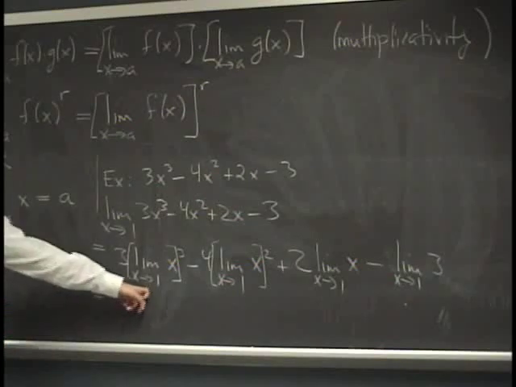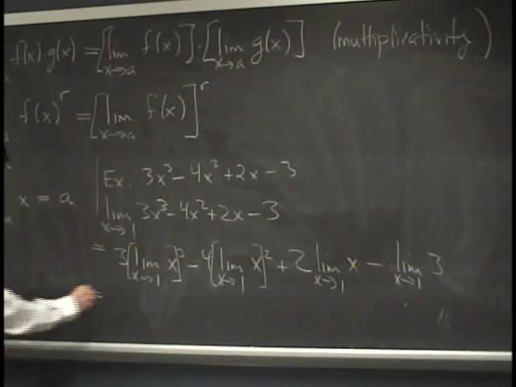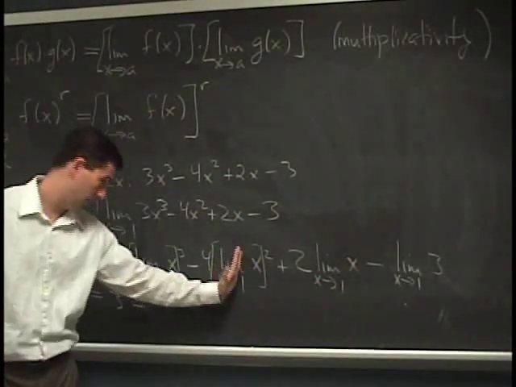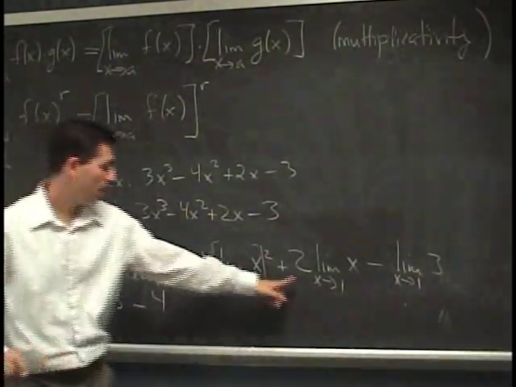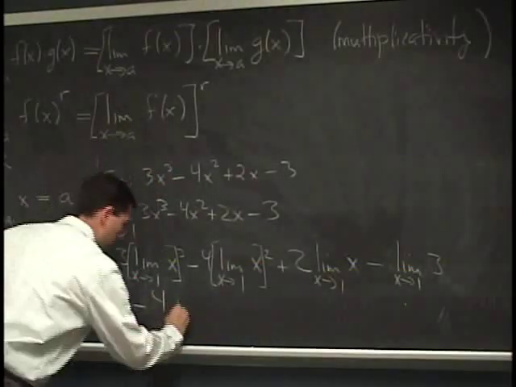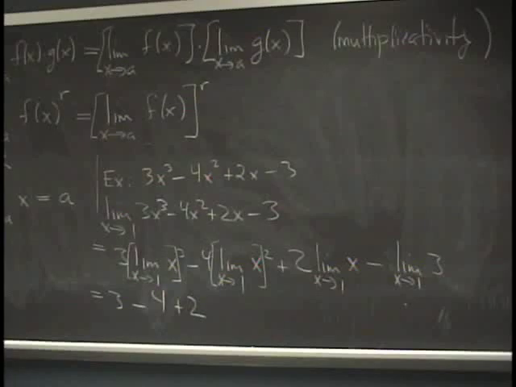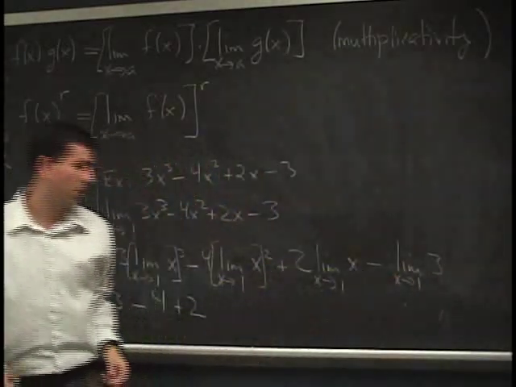So, of course, the limit as x goes to 1 is just 1. When you cube it, it's still 1. So you get 3 minus 4, since x goes to 1, you square it, it's still 1, times 4. Plus, limit as x goes to 1 of x, still 1 times 2. And then the only thing we haven't actually proven using these 5 properties is how to do this one.